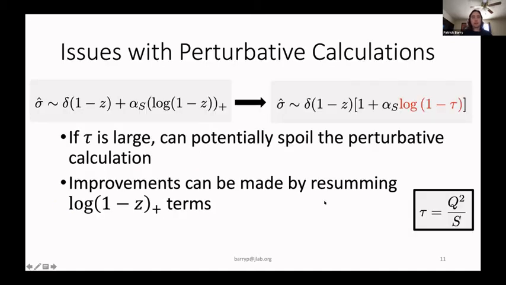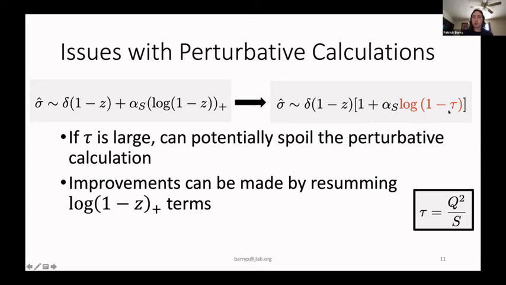So we can see the first issue coming in at next-to-leading order in alpha S. The hard cross section has a term that looks like alpha S times log of (1 minus z) with the plus distribution. In terms of hadronic variables, that gets mapped into alpha S times log of (1 minus tau), where tau is Q squared over S, where Q squared is the invariant mass of the virtual photon squared, and S is the incoming center-of-mass momentum squared of the hadronic system.